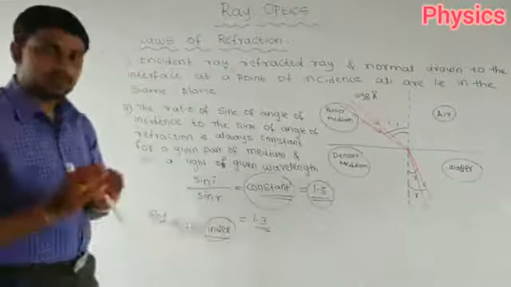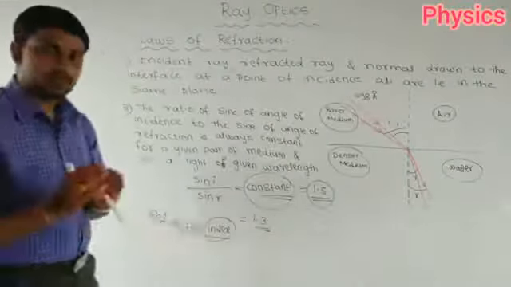Suppose there are two mediums, air and water. The first medium I am taking as air and the second medium as water. Here refraction takes place in the second medium with respect to the first medium.